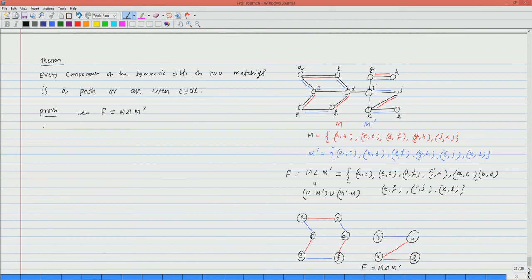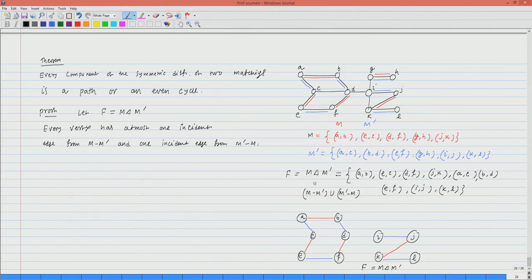I will just write down the statement and then I will explain that every vertex has at most one incident edge from M minus M prime, that is mostly from M, and one incident edge from M prime minus M.